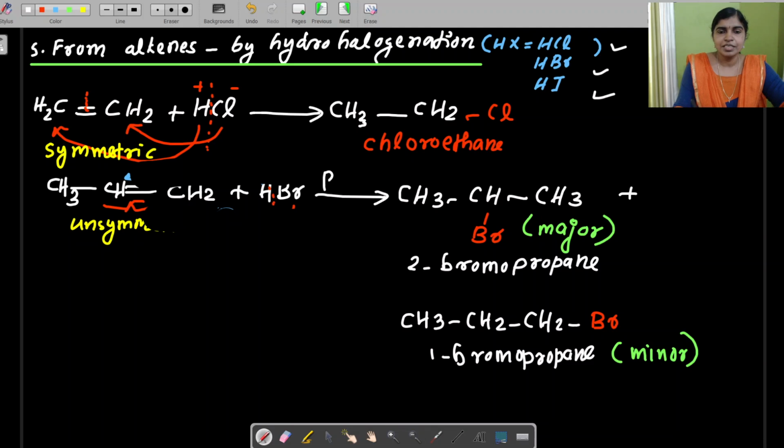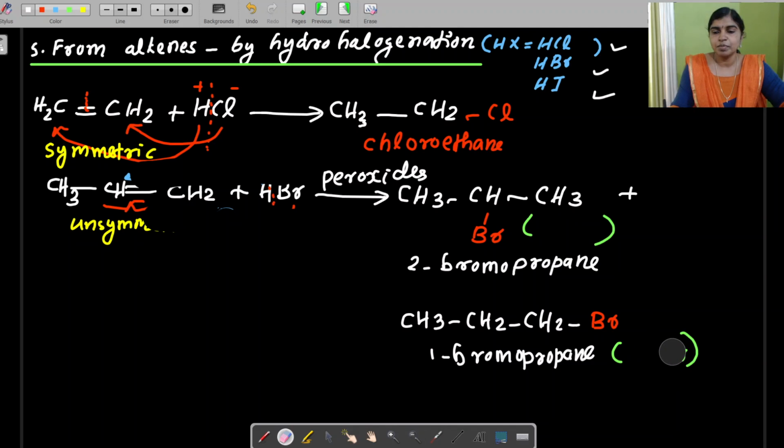If the reaction is carried out in presence of peroxides, the reverse product is obtained. That means this becomes the minor product, which is the reverse of the product based on Markovnikov's rule, and this becomes the major product. See here, this is the Kharasch effect. Okay.